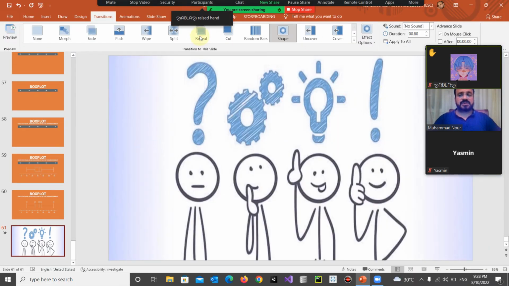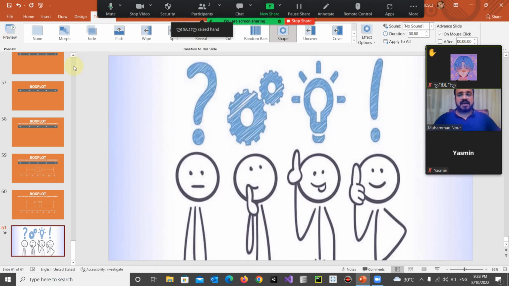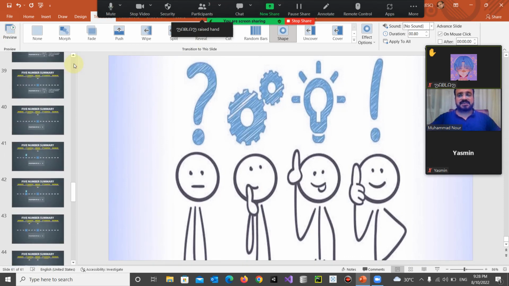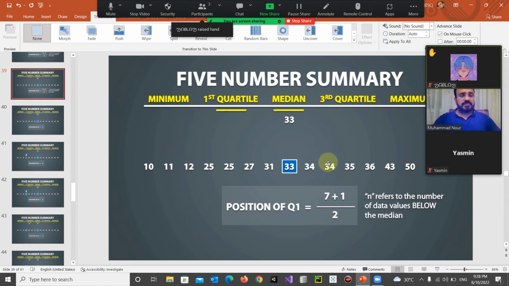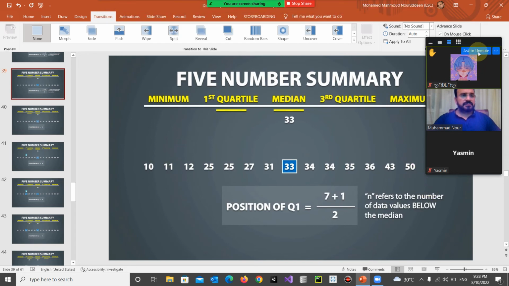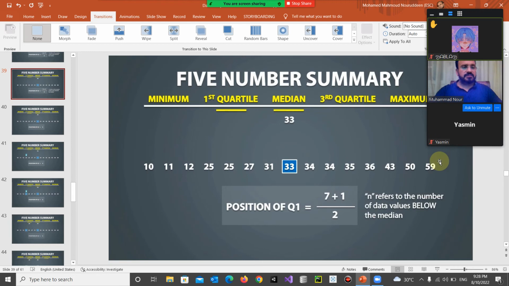Okay, this is a good question. If the dataset has an even number of values... this is our dataset, and this is an odd number. If we have another number here, 60, for example, we have an even number.